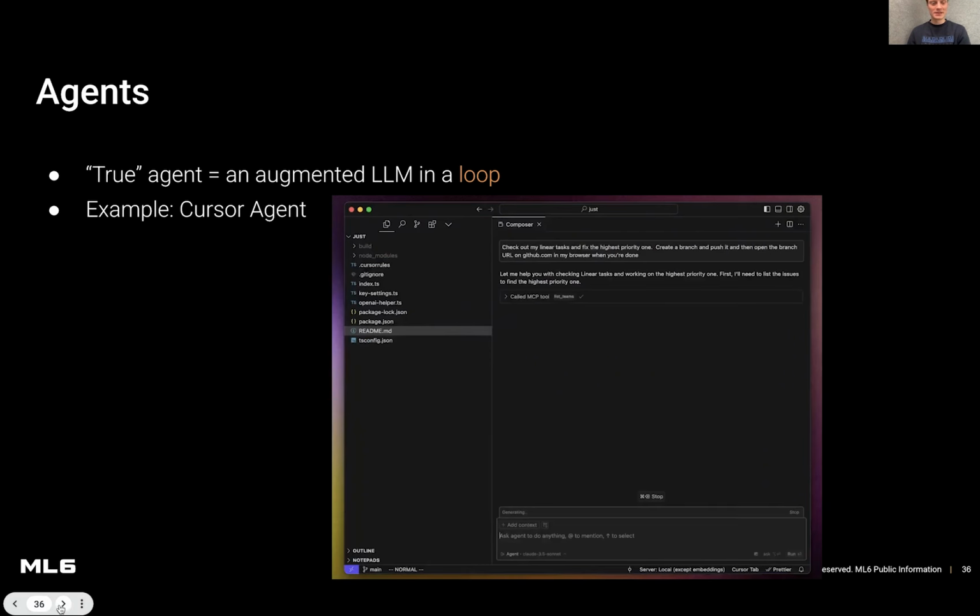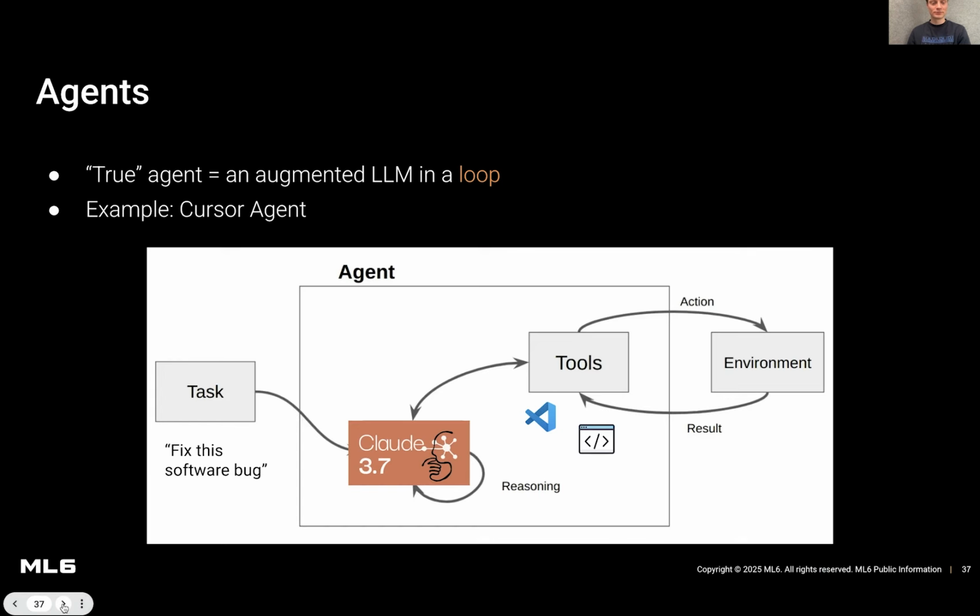And so we can map this to our figure. Because in this case, we could give it the task, hey, please fix this software bug. And then the LLM that's being used, in the case of Cursor, is Claude Sonnet 3.7, which is currently a quite popular LLM for agentic use cases. It's one of the best, especially for coding. And in this case, we equip the Claude Sonnet model with two tools. One could be Visual Studio Code, which is the IDE, the software program that is used to actually write code.